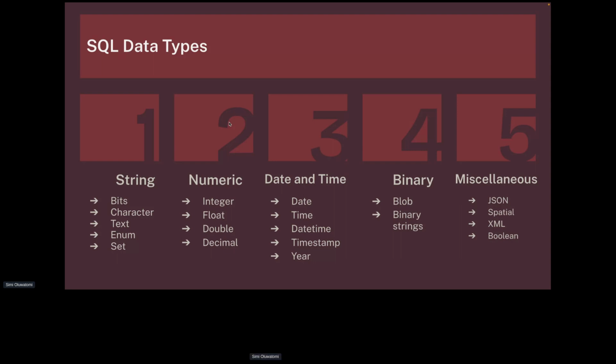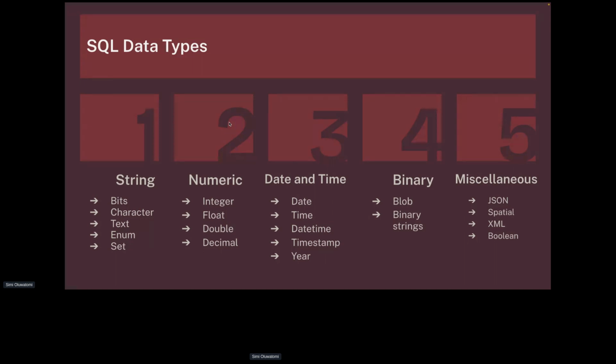So we have strings, we have numerics, we have date and times, we have binaries, and then I have a section for miscellaneous data types. The miscellaneous data types are data types that are available depending on the relational database vendor. So for instance, Postgres allows you to store spatial data, that is data regarding a location.